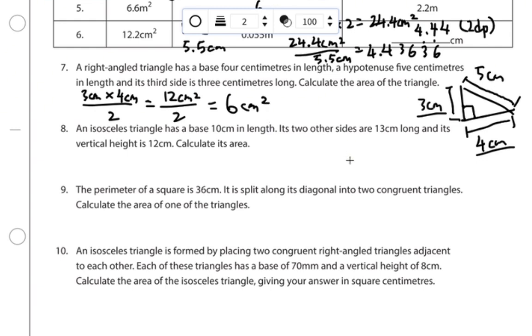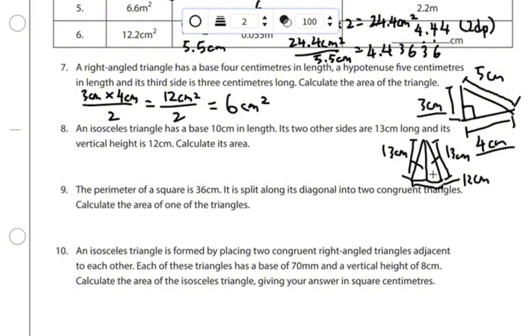Moving on to question 8. An isosceles triangle has a base 10 cm in length. Its two other sides are 13 cm long and its vertical height is 12 cm. Calculate its area. So let's say this is the isosceles triangle. So it says that this is 13 cm long. And this part is 12 cm.